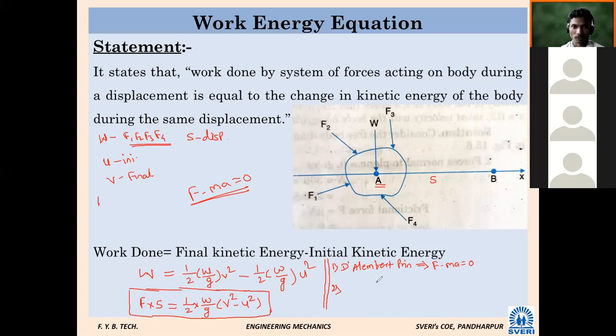Second method we are studying right now is the work energy method. What is its equation? F into S, that is work done, is equal to 1/2 W upon g into v square minus u square.